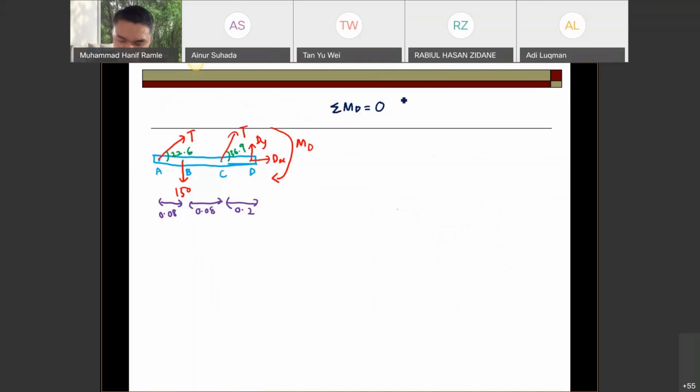Let's say I assume clockwise is positive. Can someone tell me the equation for this moment? Negative 150 times 0.28.